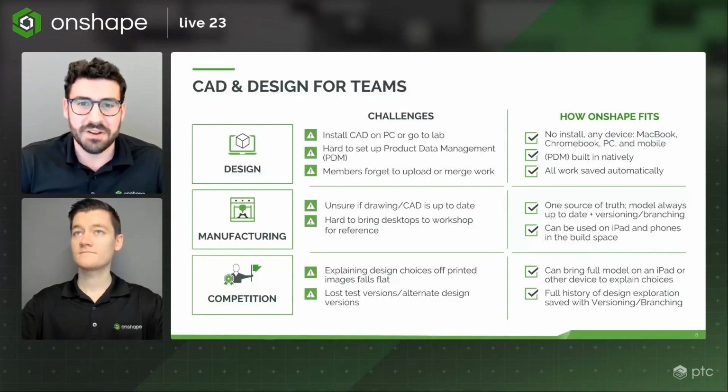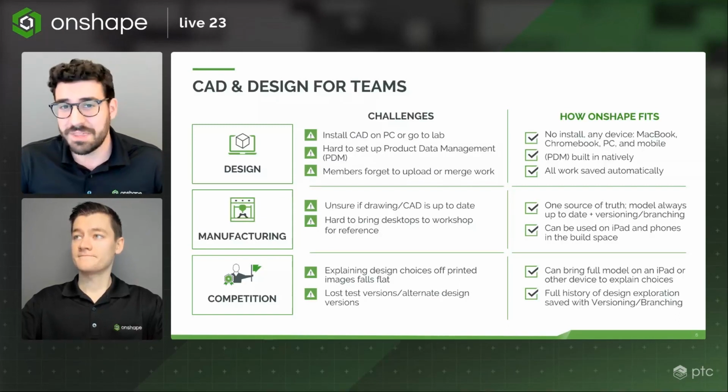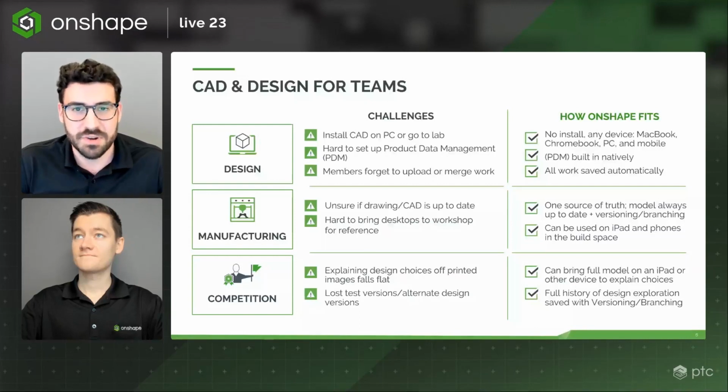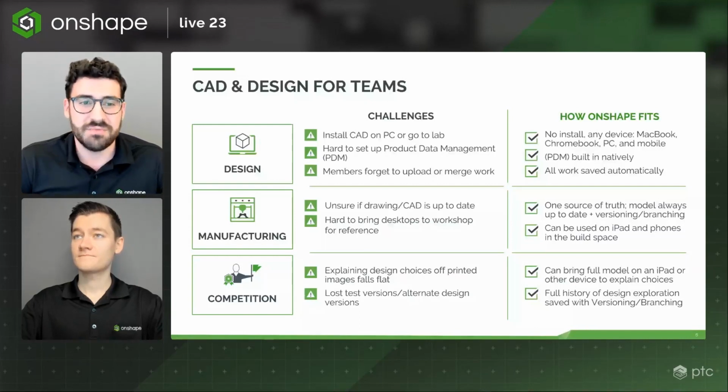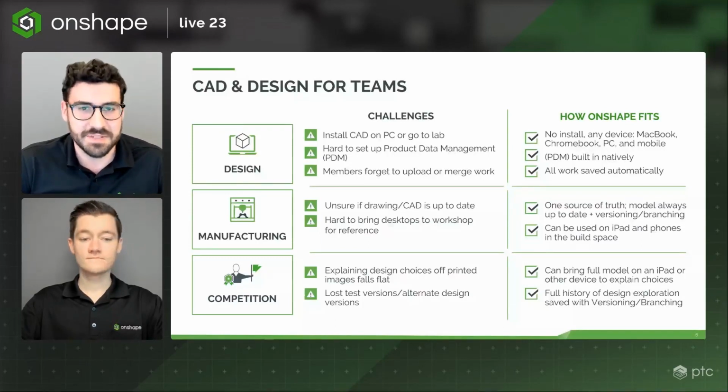You don't have to worry about a student forgetting to bring their file on their flash drive. It's already up there, shared with you. So even if they forgot to bring it, maybe they're not able to come to the meeting, you're still able to review their work and decide whether or not it's an approach you want to take. So Onshape really fits into a lot of these teams. We've seen it, and it's really been great to see the success that the teams have had.